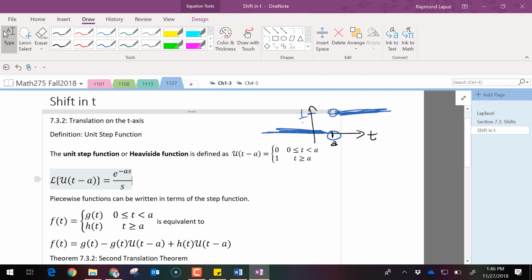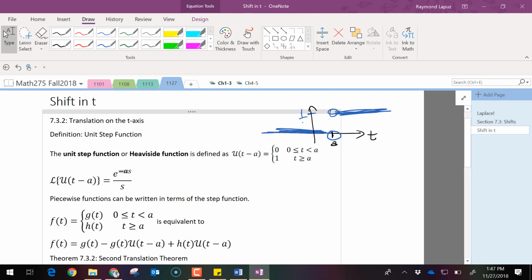Now notice the translation in the t-axis, when it goes into the s world, it's actually the negative of a. So take a close look at the translation in the t-axis and how it affects the e function, and this translation how it affects the s.